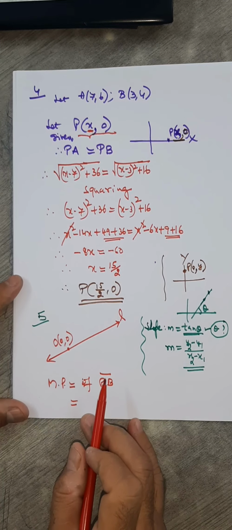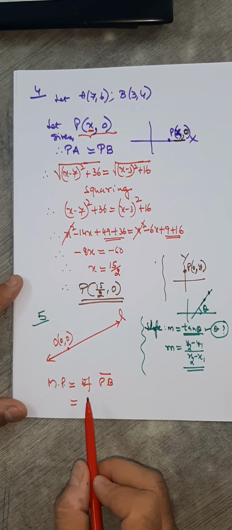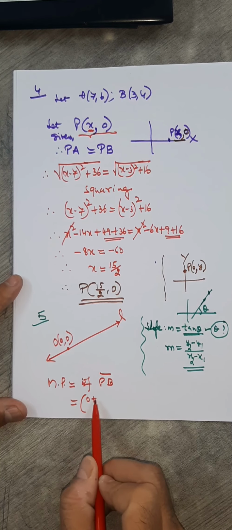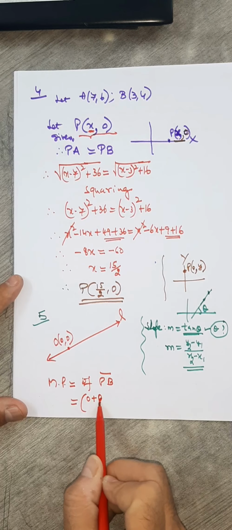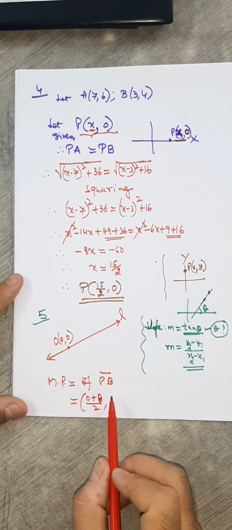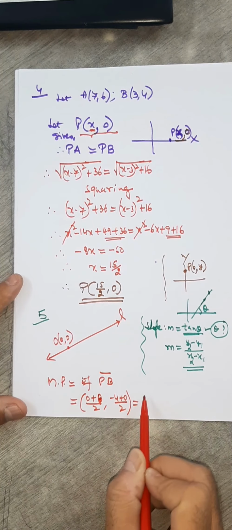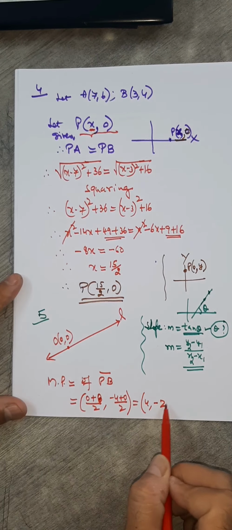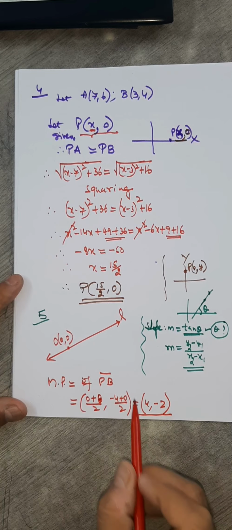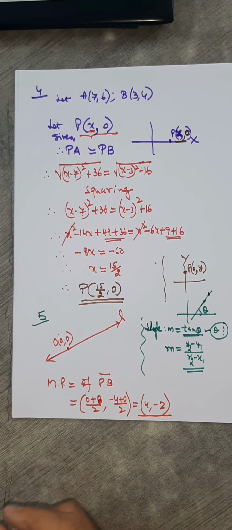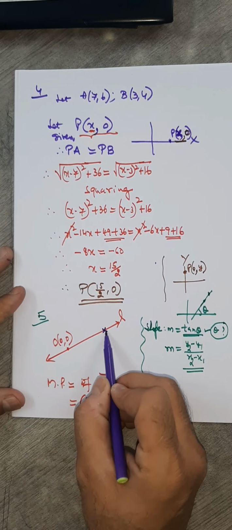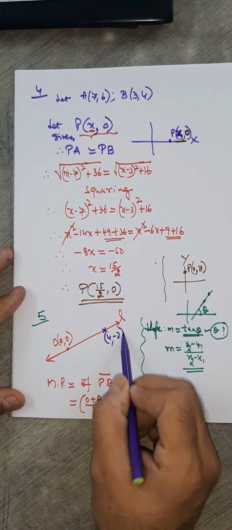So how do we get it? By just taking the average, you know. (0 plus 8)/2, comma, what do we have? (minus 4 plus 0)/2. So from this we'll have (4, minus 2). Fine. So one more point on the line is this: (4, minus 2).